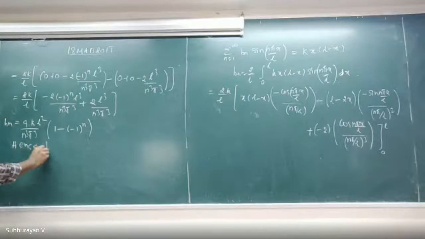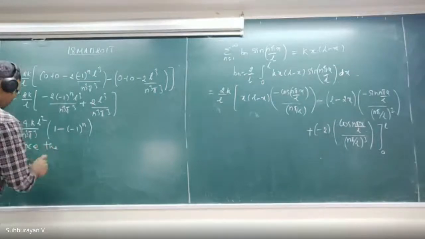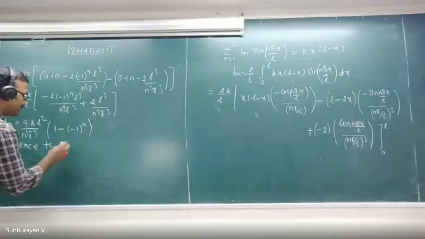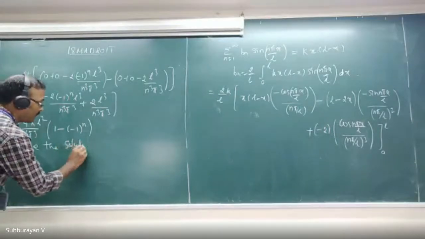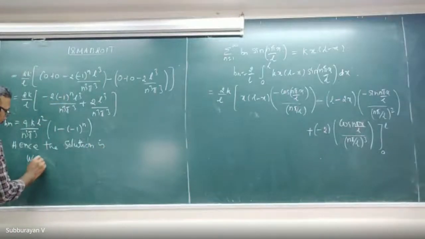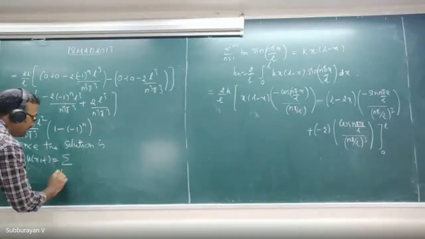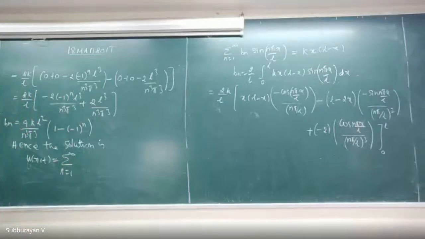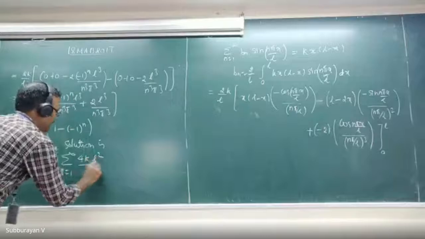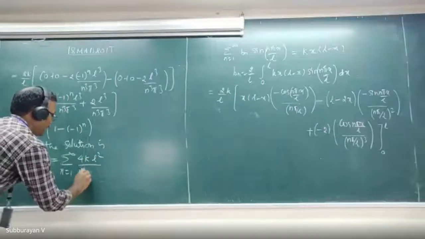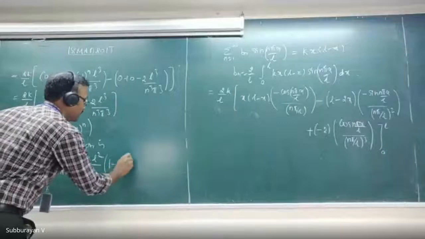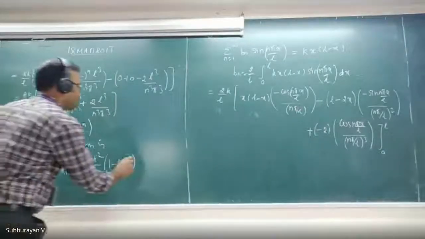Hence the solution is, what is the solution? u of x comma t is equal to summation n equal to 1 to infinity, where Pn is 4k L square divided by n cube π cube into 1 minus of minus 1 whole power n, into what is the function?